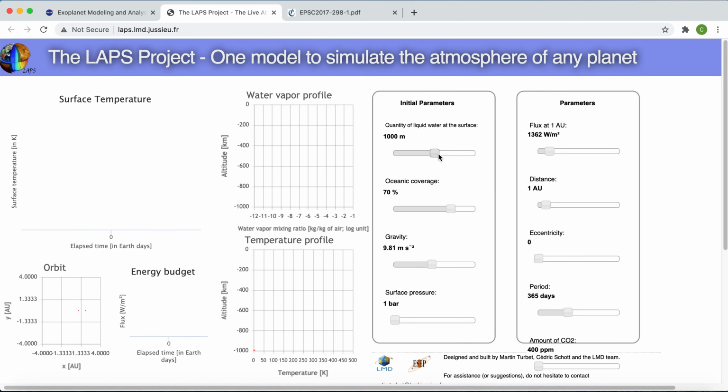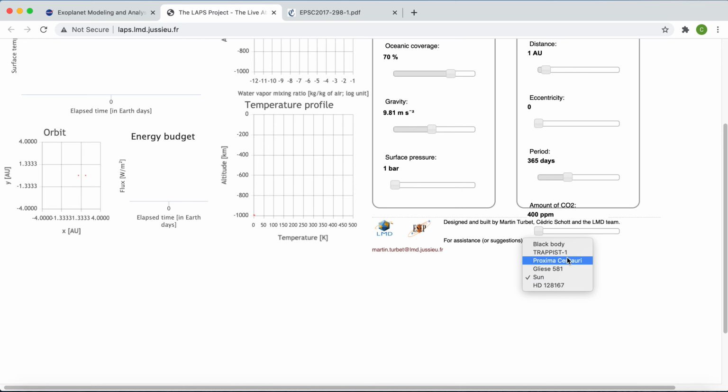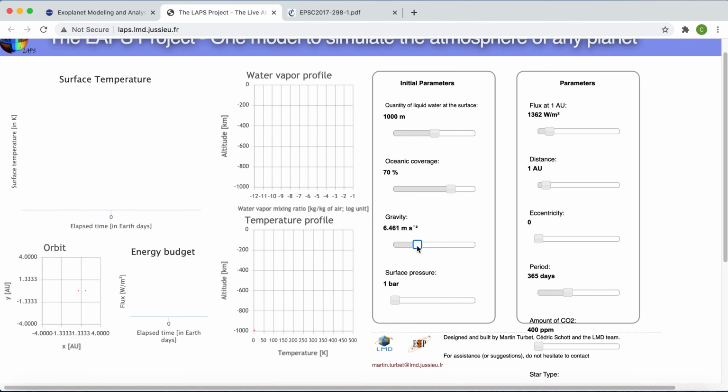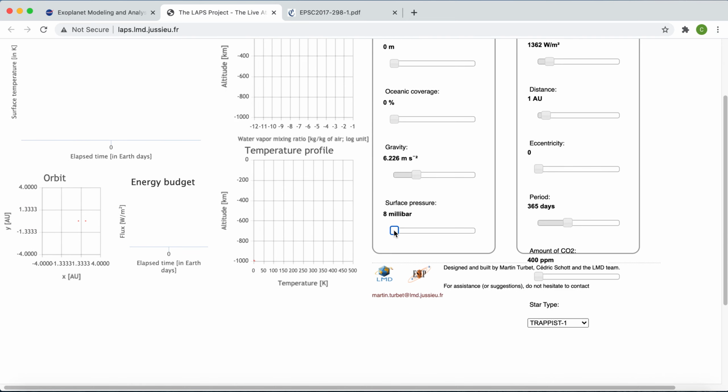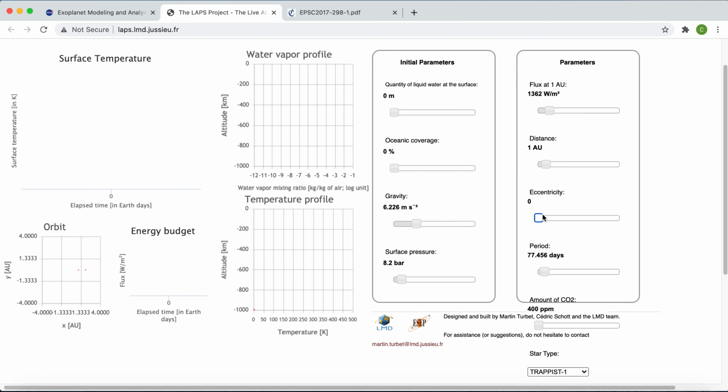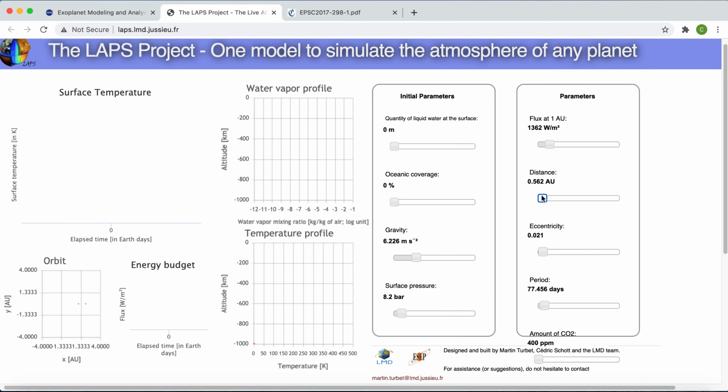So if you wanted to look at a planet orbiting a sun like the TRAPPIST-1 star, changing the gravity down to a smaller planet, let's say around there, its ocean coverage is 0, the surface pressure is heavier, and the period of orbit is lower, eccentricity is a little higher, it's closer, and the flux it experiences at 1 astronomical unit is less.